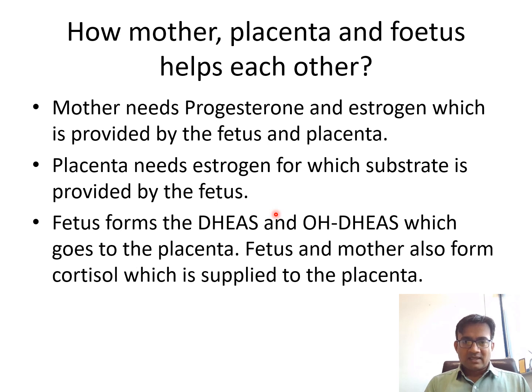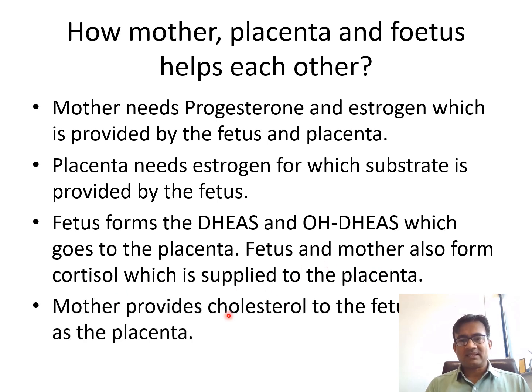The fetus forms DHEAS and hydroxy DHEAS, which go to the placenta, and the fetus and mother also form cortisol, which is supplied to the placenta and is required for maturation. And the mother is providing cholesterol to the fetus as well as the placenta. So this ends our topic. I hope this topic is clear.